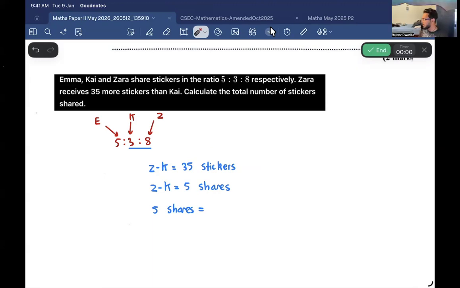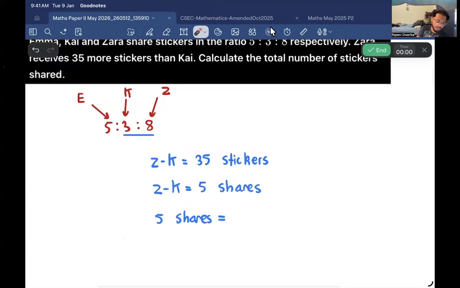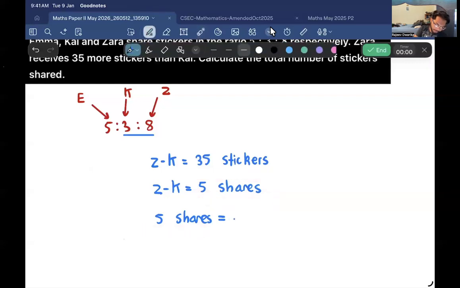So, Carla, promise is not as hard as you think. So, 5 shares would be equal to how much stickers? 35? Yes, right? Because in both instances, Carla, both of these are equal to Z minus K. So, in other words, 5 shares is equivalent to 35 stickers. So you're going to say 5 shares is equal to 35 stickers.